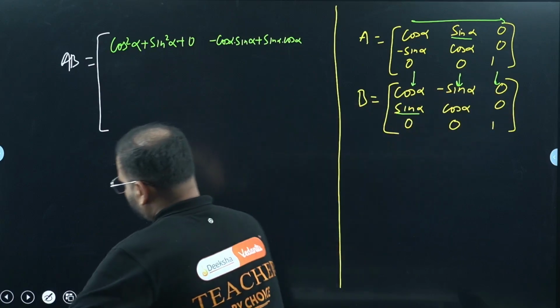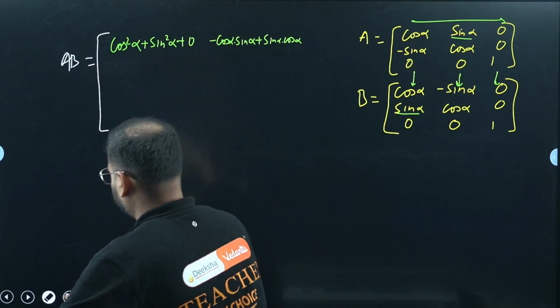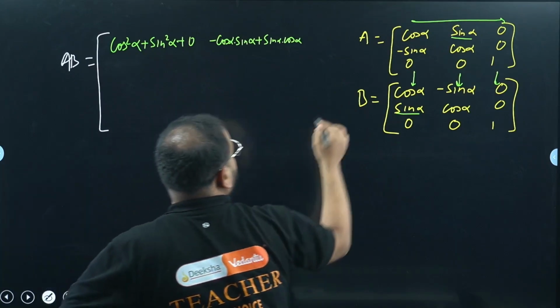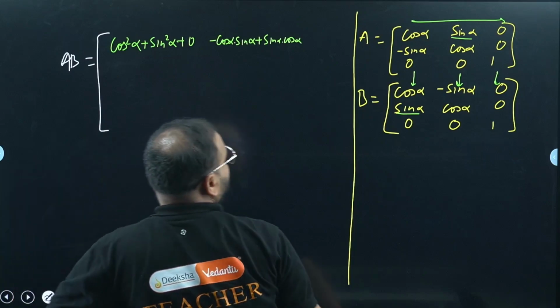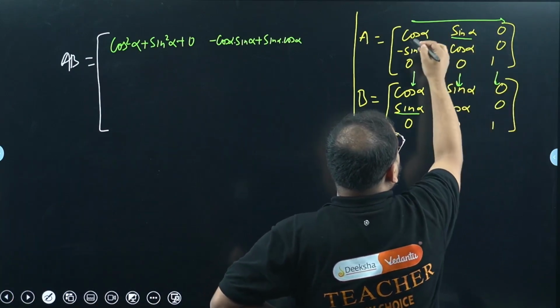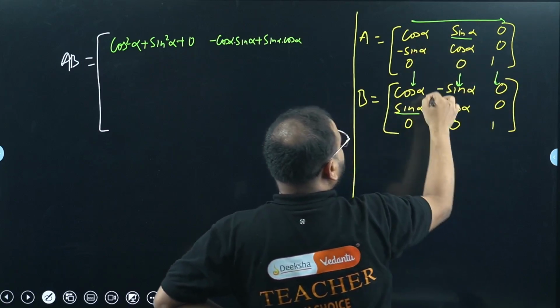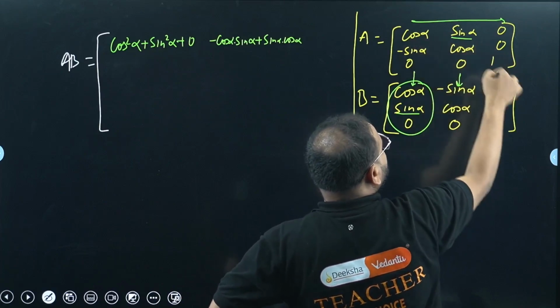For the last term, let me erase this here. Now please pay attention. For the last term again we'll do what? This same thing with the last column. First we did this with this column, then this with this column.